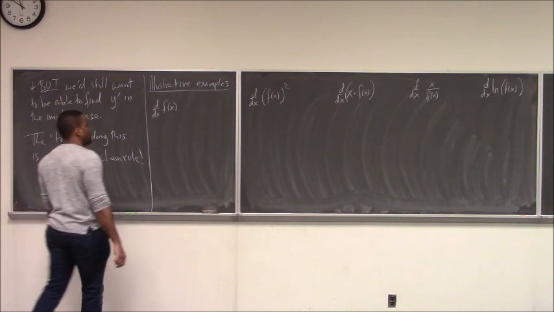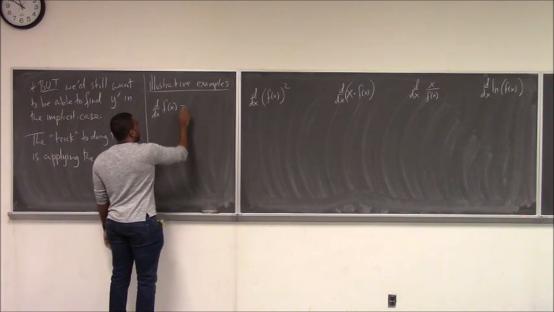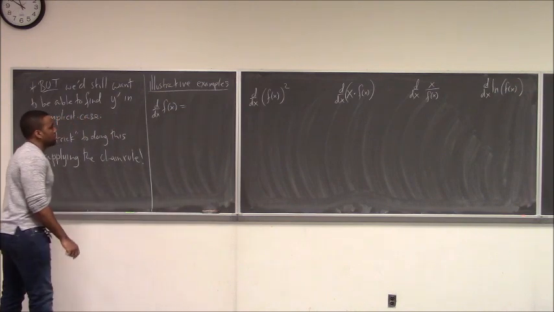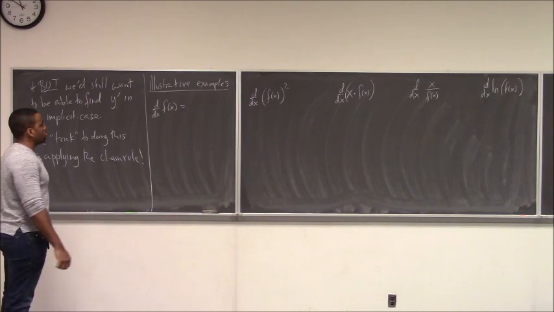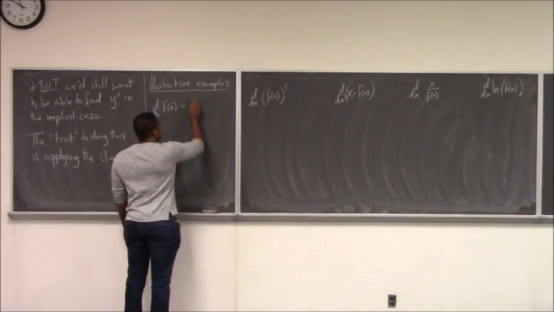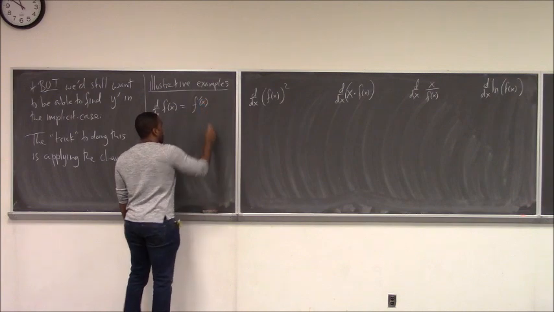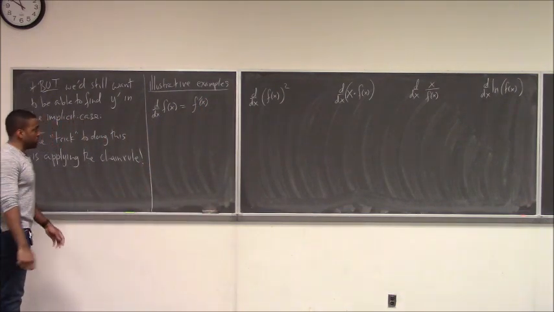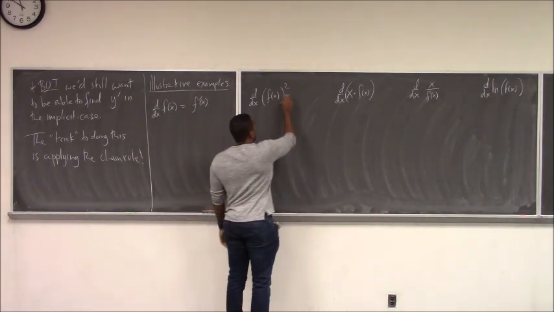Okay. So, how would you describe this? d dx of f of x, what can we say that is? Well, let's write it in different shorthand notation. We call this f prime. That's our definition of the derivative, basically. What would this look like?